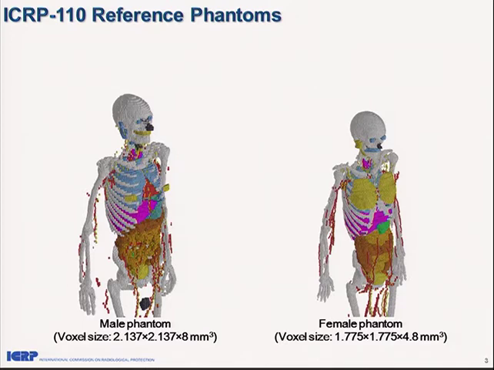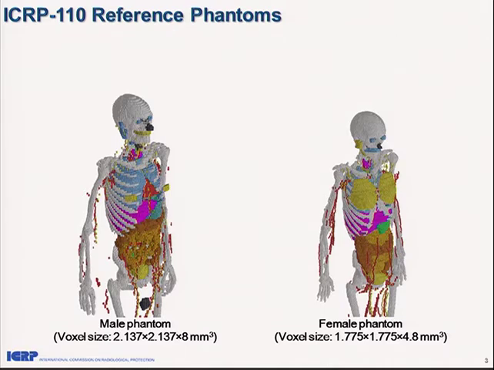This slide shows the ICRP Publication 110 reference phantoms, which were adopted by the ICRP and ICRU in the 2007 recommendations. These phantoms are now used for organ dose and effective dose calculations.